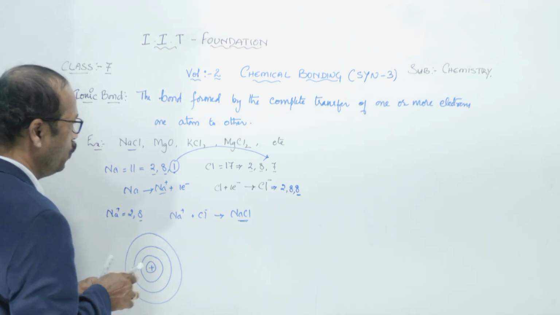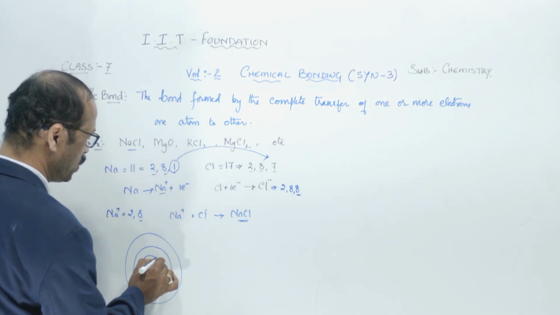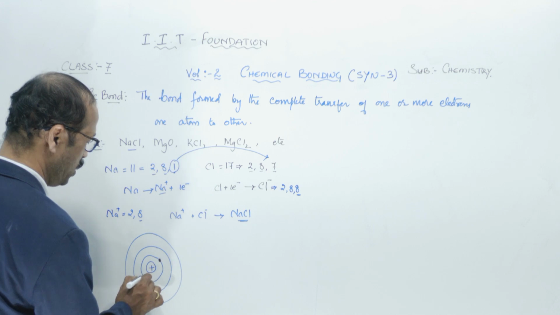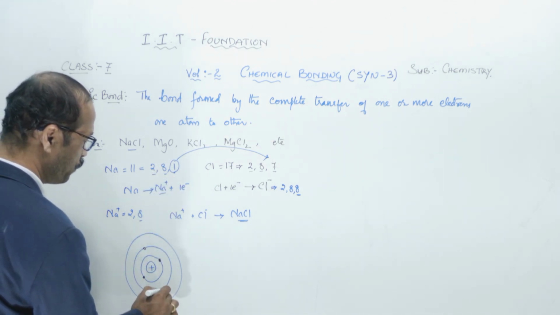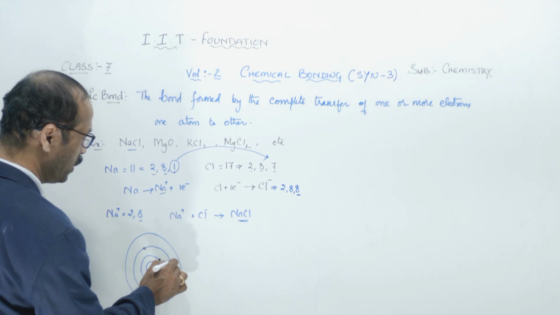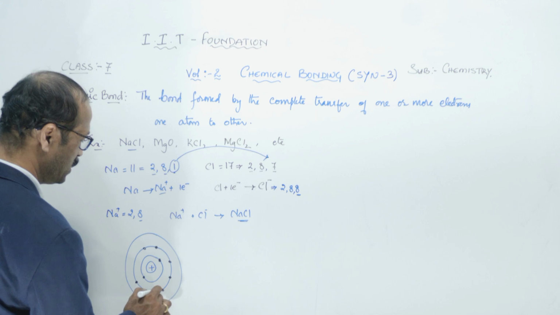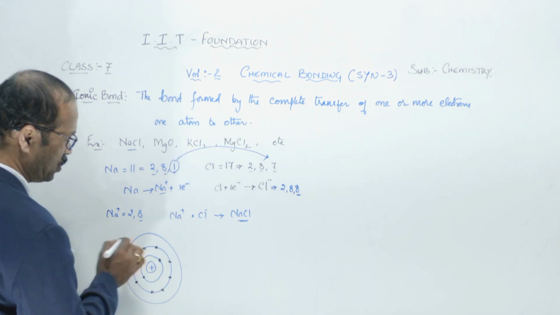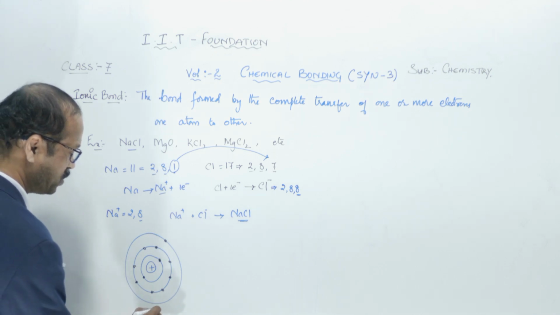How many electrons are there in the K shell? 2 electrons. I'll put 2 dots here. Second shell, how many? 8 electrons, 1, 2, 3, 4, 5, 6, 7, 8. Now the last shell, 1 electron. So this is the sodium structure, students.